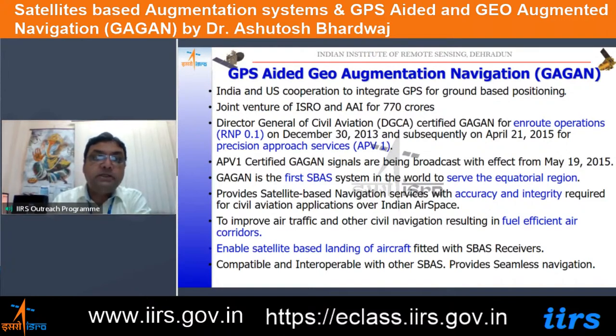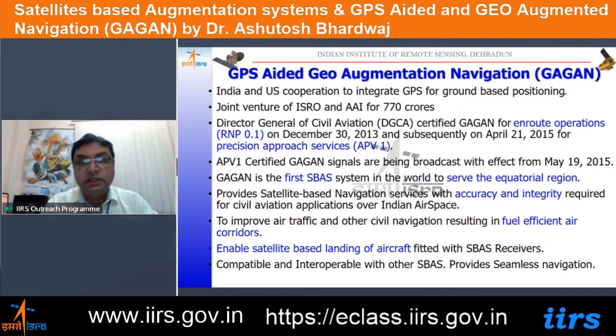Similar to SBAS, the GPS aided geo augmentation navigation system, that is GAGAN, has been developed in India in collaboration with the Airport Authority of India by ISRO. Here Raytheon has established various reference stations, and the signals are approved for the en route operations, that is RNP 0.1, on December 30th, 2013, and subsequently approved for the precision approach services on April 21st, 2015.